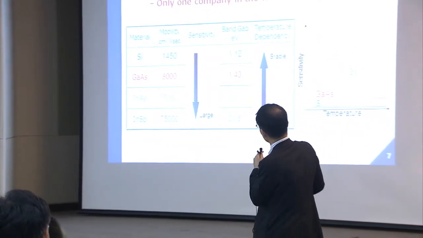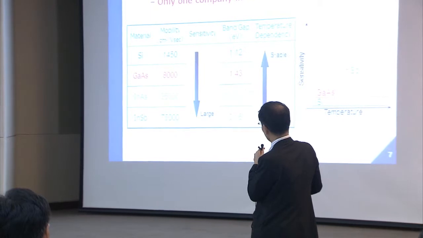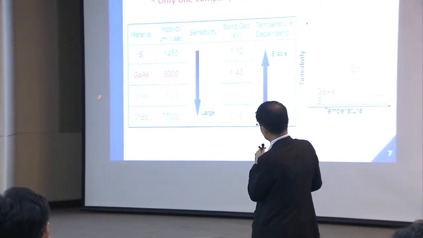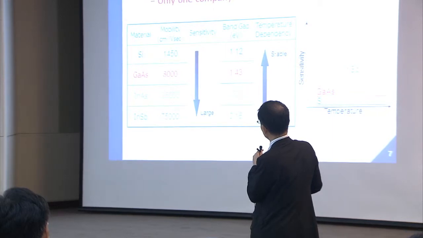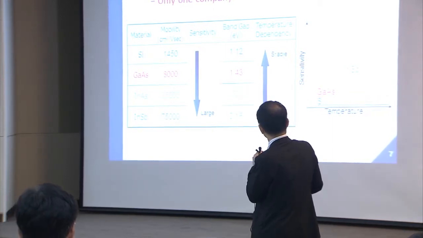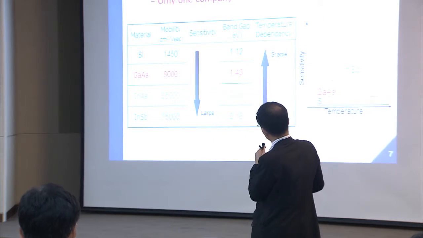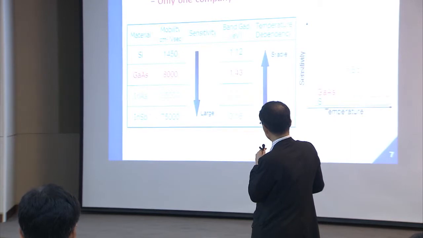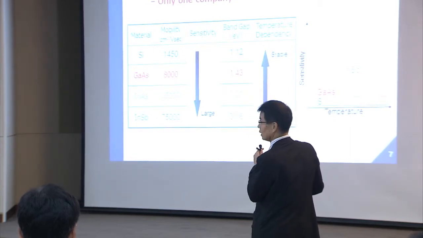This shows the typical materials for Hall sensor, which are silicon, gallium arsenide, indium arsenide, and indium antimony. The important performance of the Hall sensor is sensitivity and temperature dependence.